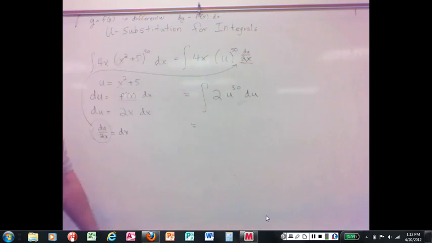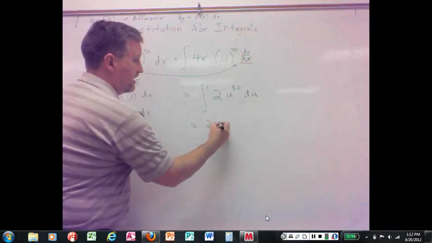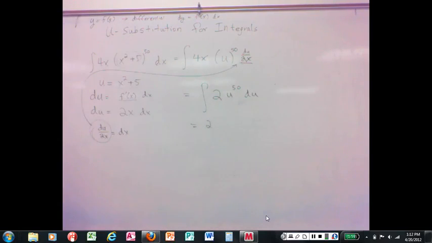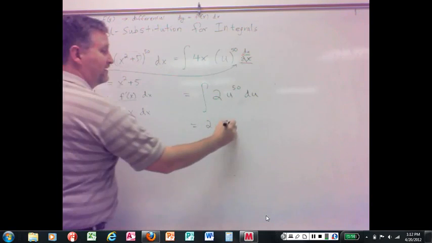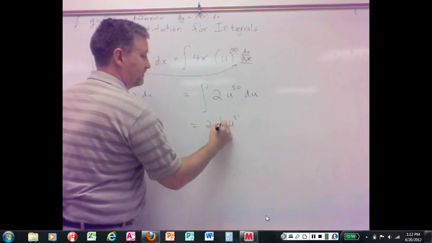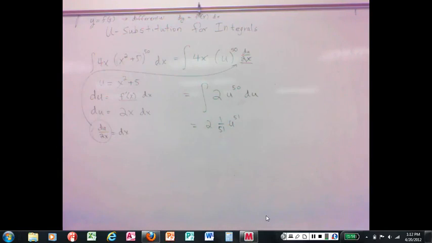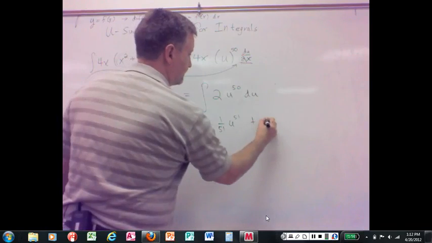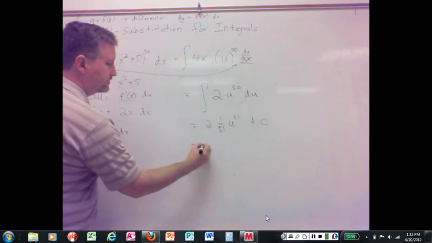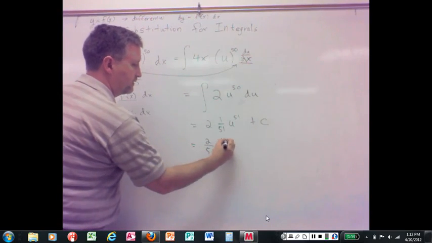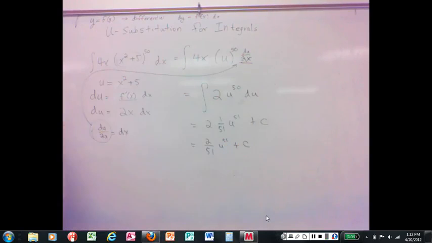What's the antiderivative here? Well, it'd be 2 times the antiderivative of u to the 50th, which is u to the 51. Of course, I have to put 1 over 51 in front of that, plus c. Or in other words, 2 over 51, u to the 51 plus c.